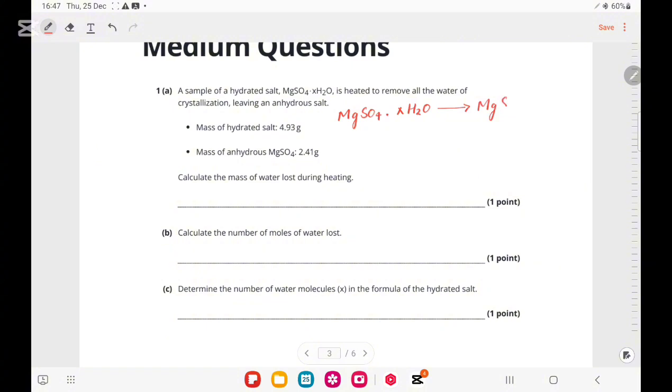It is going to form magnesium sulfate plus X number of water molecules. This is basically hydrated salt, and when the water molecule is removed from there, then it is going to become anhydrous salt.